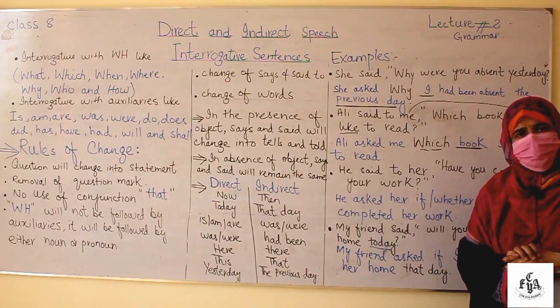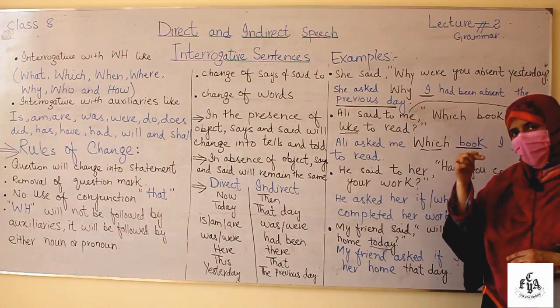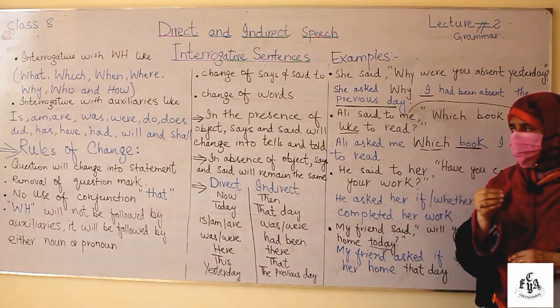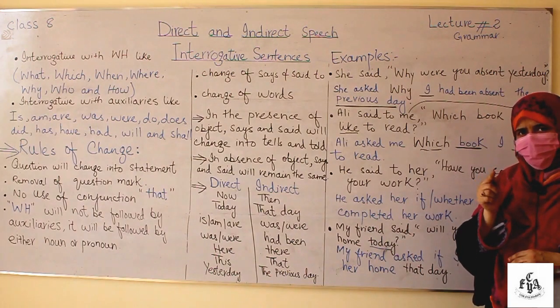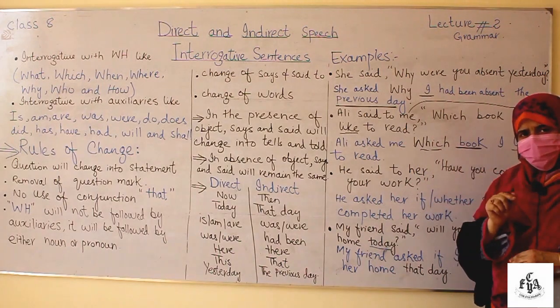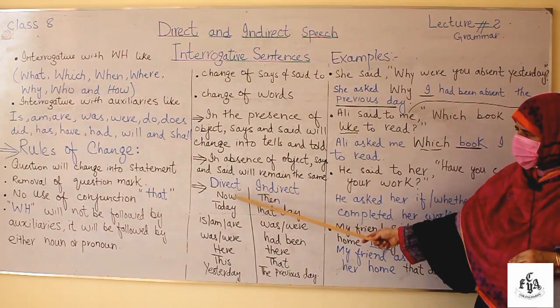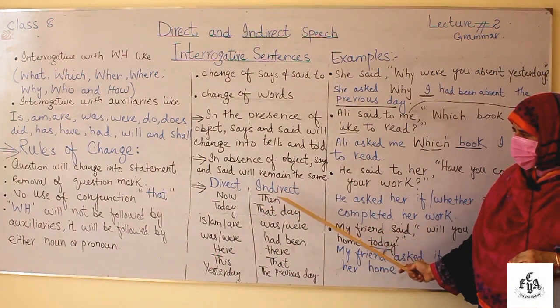My mother asked me how I was feeling then. Now how I. Again, how is a part of WH, and it would be followed by a subject, noun or pronoun. So how I was feeling then. As I told you earlier, when these types of words are given, now changes into then.